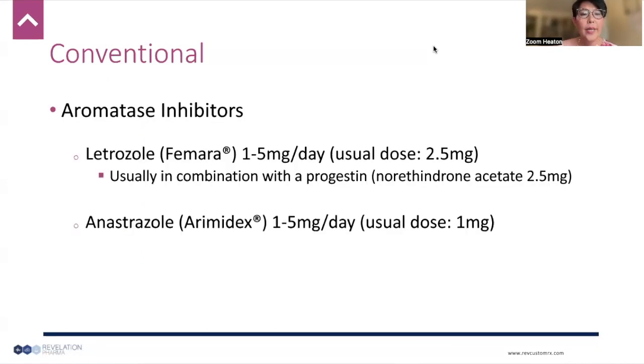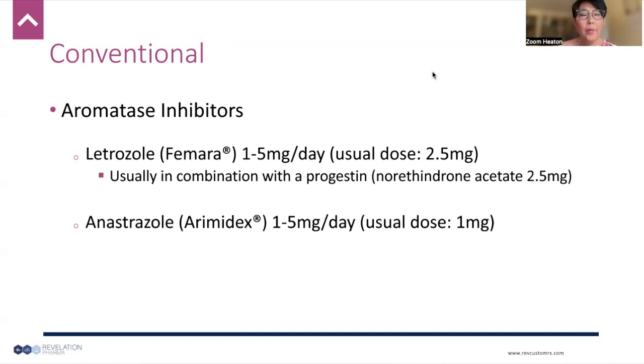Then you have aromatase inhibitors, and of course, aromatase is the key enzyme for ovarian estrogen biosynthesis. So it catalyzes the conversion of androstenedione and testosterone produced in the ovarian theca cells to estrone and estradiol in the ovarian granulosa cells. And evidence does show that endometriotic lesions express aromatase and can synthesize their own estradiol.